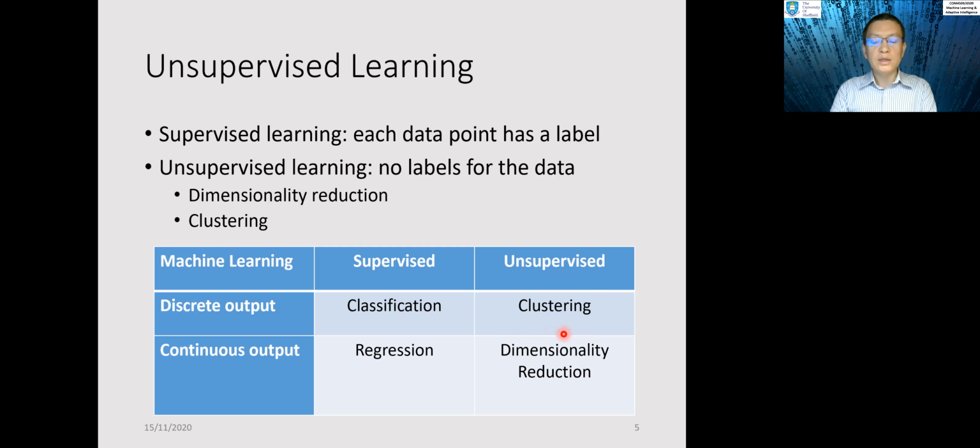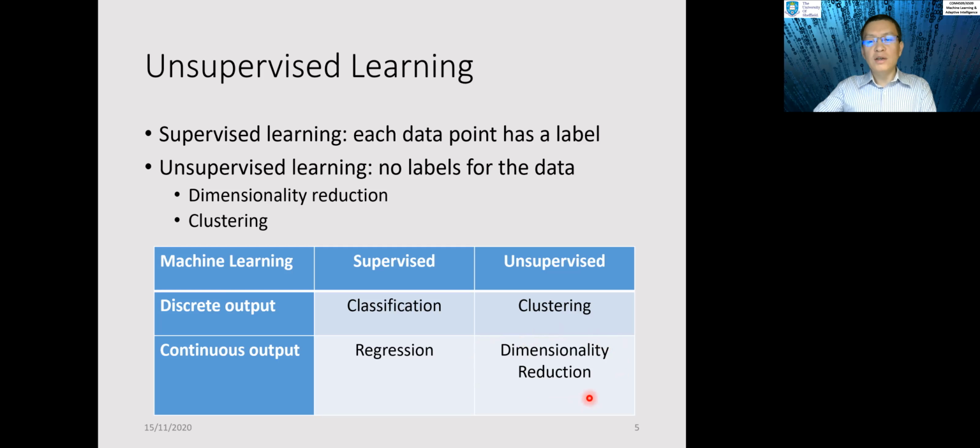And suppose we have continuous output. Then in supervised learning, we are dealing with the regression problem, to predict a value, typically a continuous value. But in unsupervised learning, when we have continuous output, we are doing dimensionality reduction.